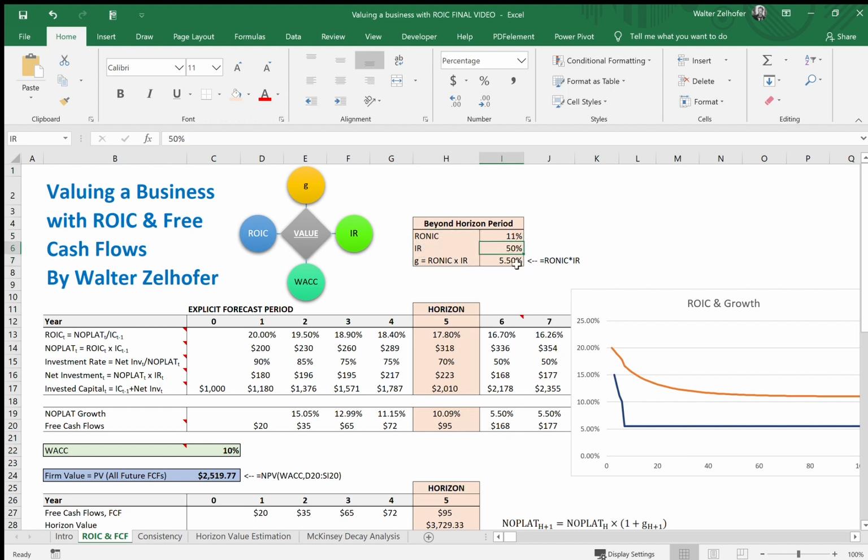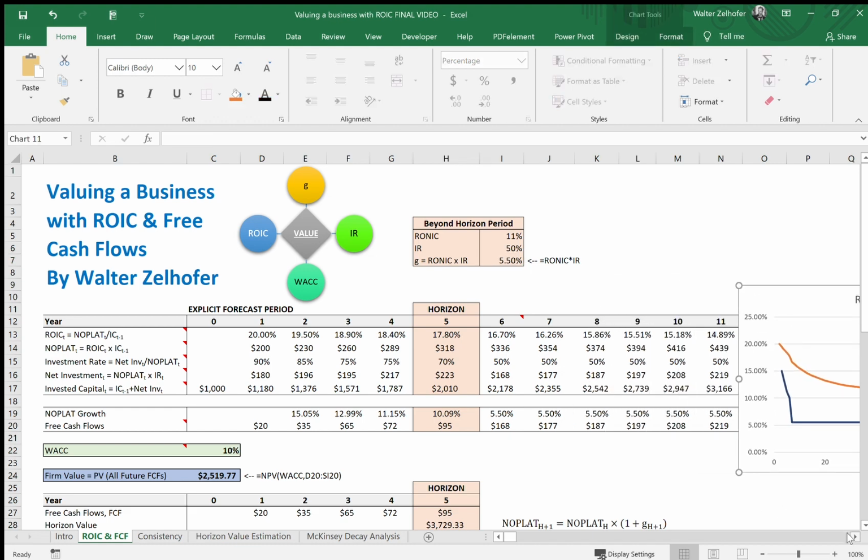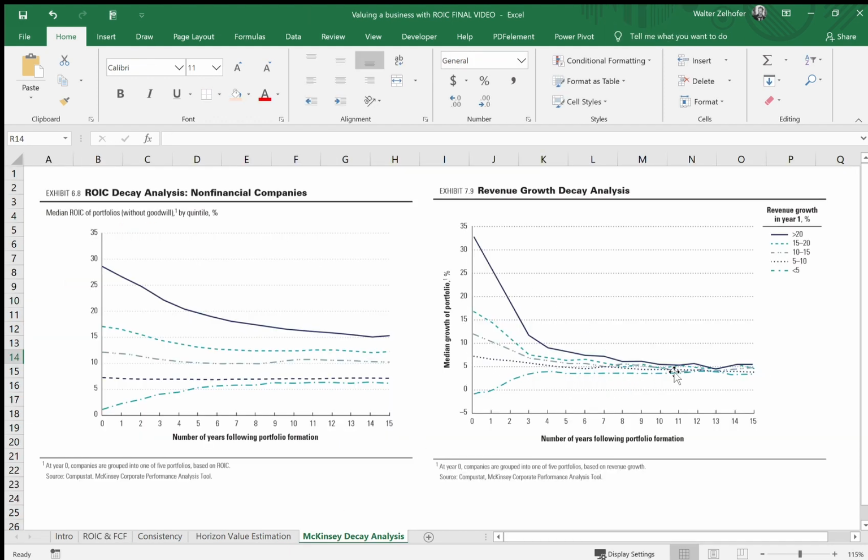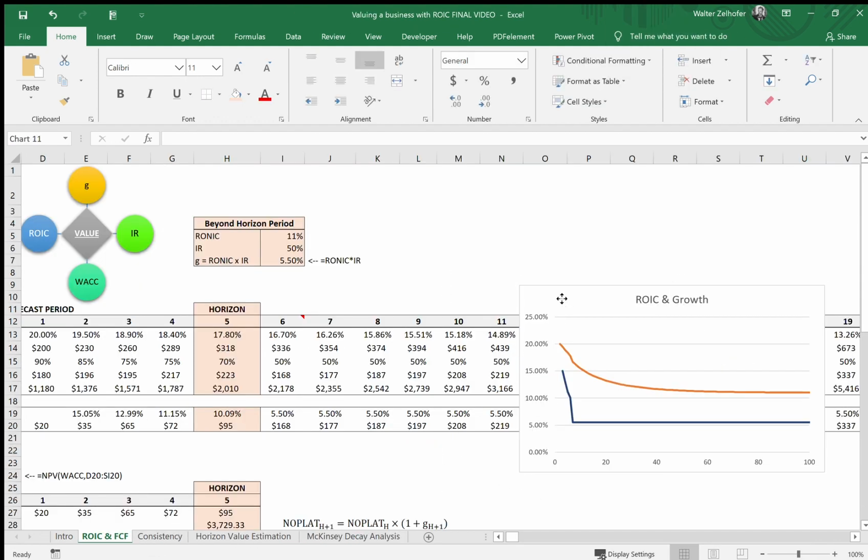If you multiply those two together, you get the fundamental growth rate, which you can see here is going to persist forever. Okay, and what I've chosen is a number close to around 5% because that is pretty darn accurate in the real world using real data. That's what happens. So that is what we choose.